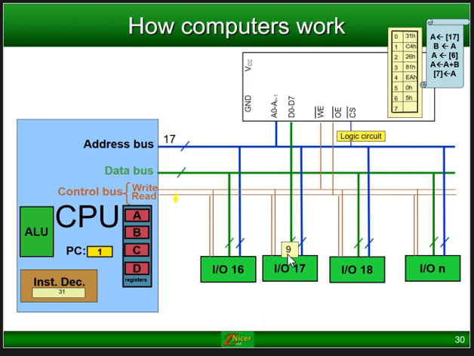So this 9 is sitting on IO 17, and as you can see now, it will move in on the data bus, and it will be placed in A. As you can see, my first instruction was to go to address 17 and place it in A, and there it happened. Good. Now that was from the first instruction at address 0.